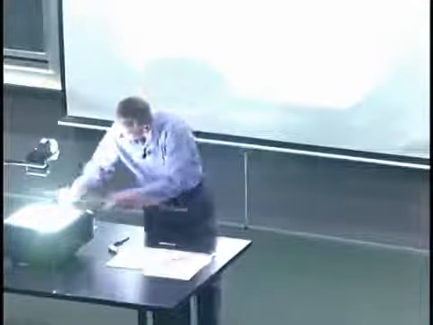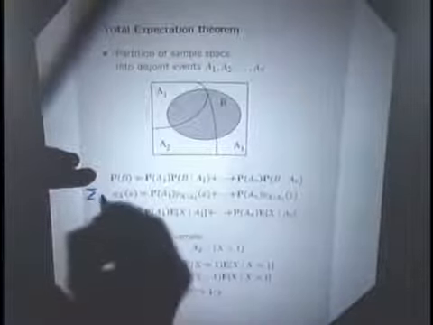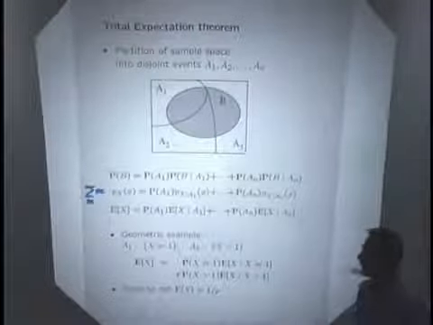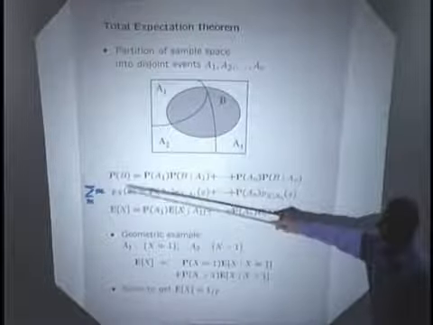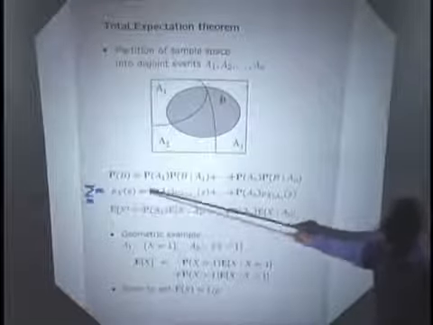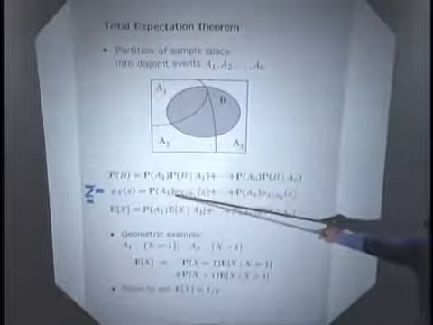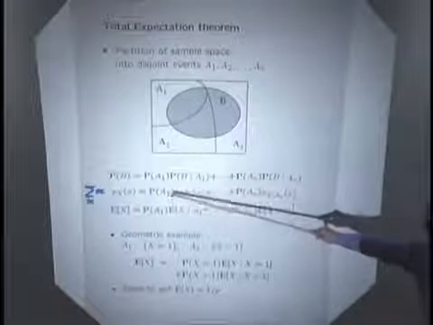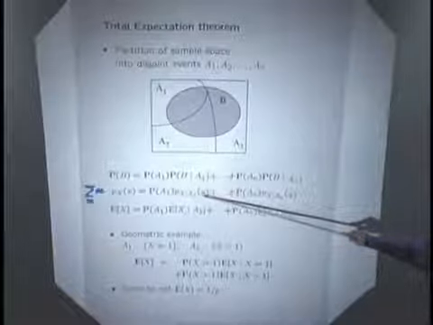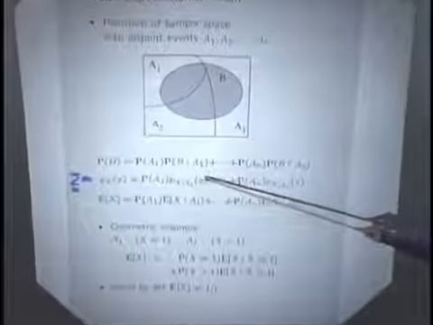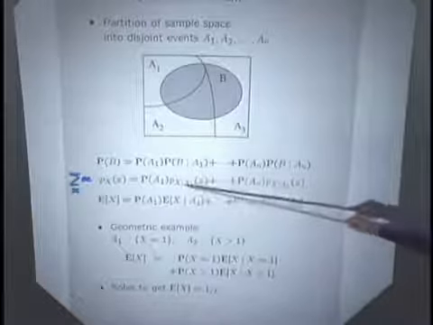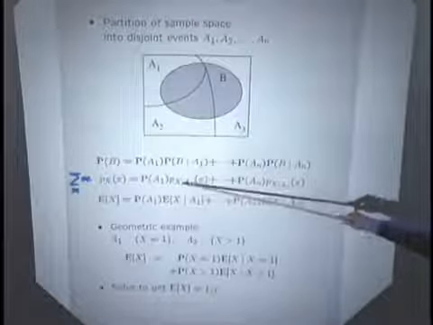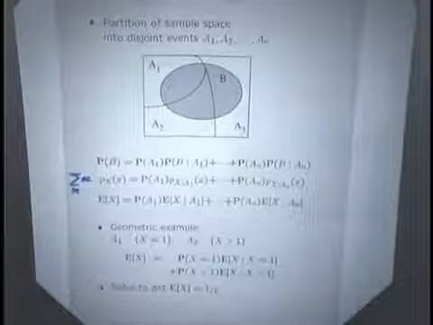Then what I do is to take this formula here and multiply both sides by x and take the sum over all x's. What do we get on this side? We get the expected value of x. What do we get on that side? Probability of A1, and then here, sum over all x's of x times p. That's again the same calculation we have when we deal with expectations, except that since we're dealing with conditional probabilities, we're going to get the conditional expectation.